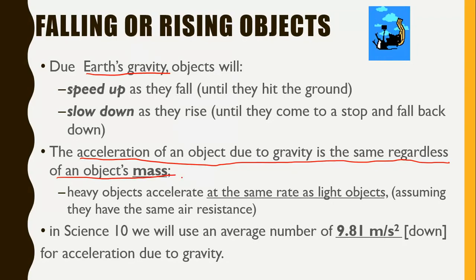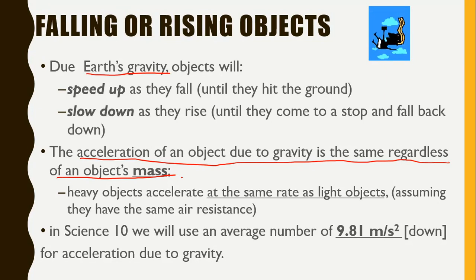So regardless of whether an object weighs as much as a feather, or an object weighs as much as a bowling ball, the Earth's gravitational pull is the same on both of them. Mass does not matter. Gravitational pull is the same. Heavy objects accelerate at the same rate as light objects.